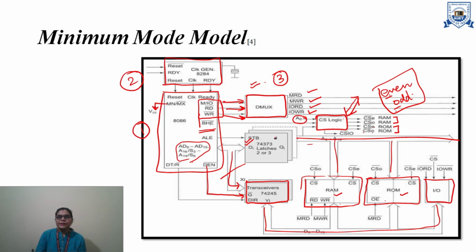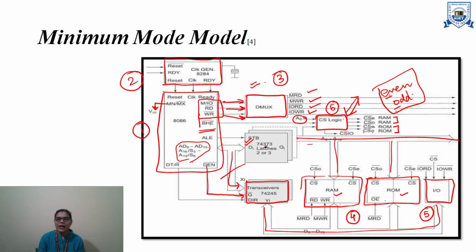Here we have memory, RAM and ROM, and an input output chip, because in minimum mode basic memory and input output interface operations are done. We have chip selection logic to select the even and odd banks of the memory.